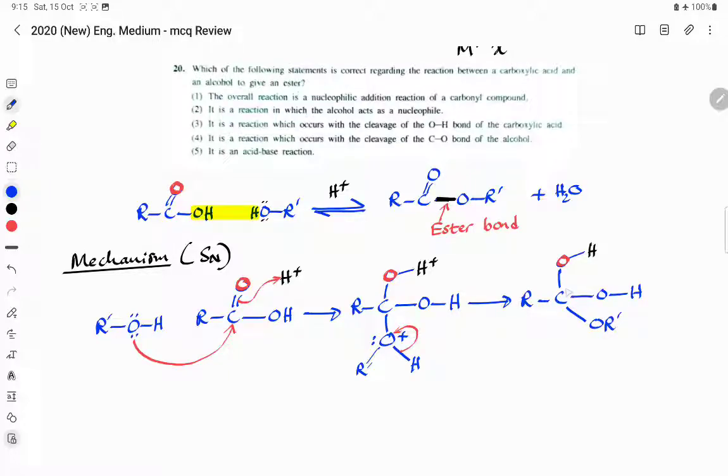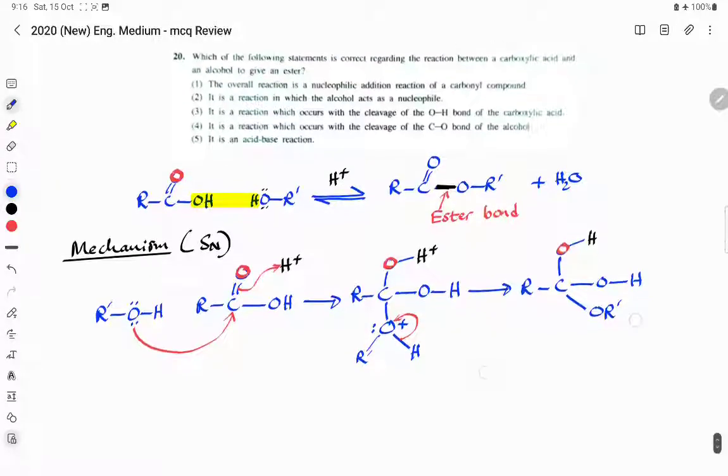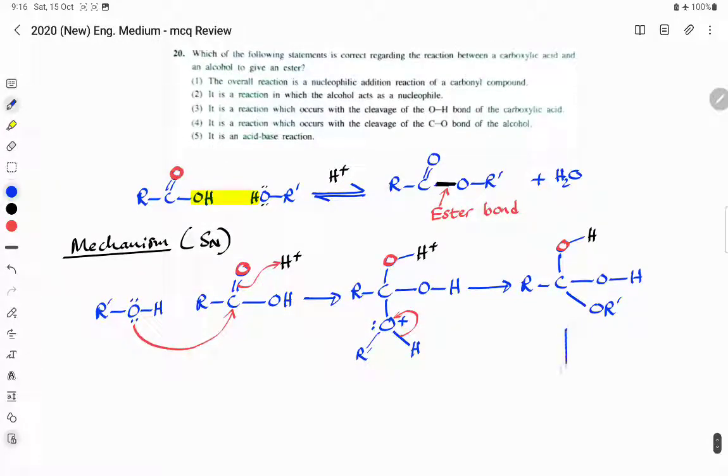Now two hydroxyl groups on the same carbon is not stable. Therefore, a water molecule will be spontaneously removed. It has two methods of removing the water molecule. This compound can remove a water molecule by using this OH and this H. So we will get an ester like this.